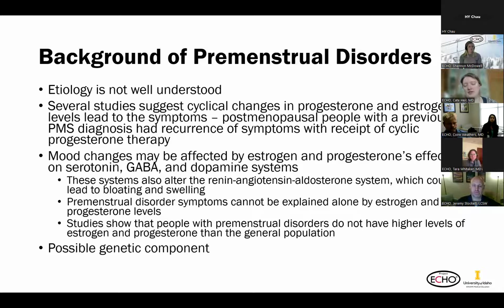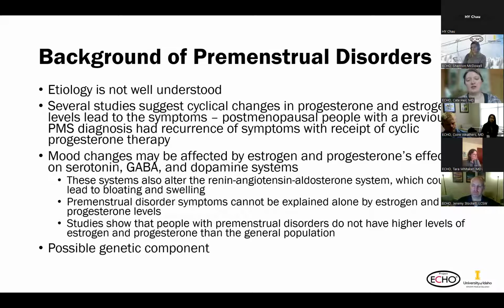We think that in part because folks who have gone through menopause and previously had a PMS diagnosis had no symptoms, and then if they started cyclical progesterone therapy after menopause, they had a recurrence of some of their symptoms. And we do know that progesterone rises during the luteal phase, which is after ovulation and before the start of menses, sorry.